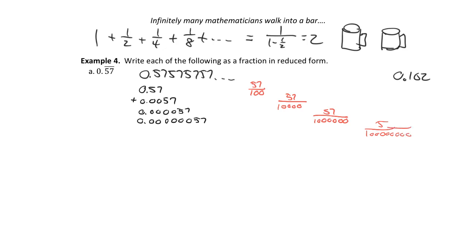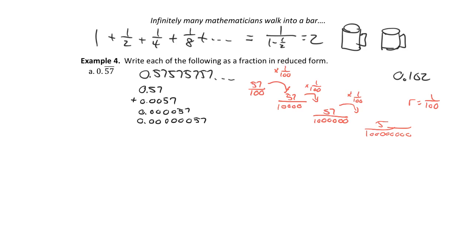Okay, so what we have formed here is a geometric sequence. Notice that to get from one to the next, we're just multiplying by 1/100th each time. Okay, so I'm going to use that formula. In our case, r is 1/100th, which of course is less than 1 in absolute value, so it will converge.